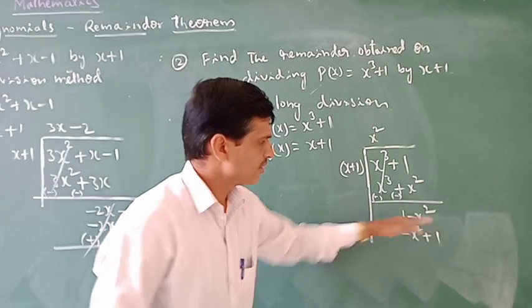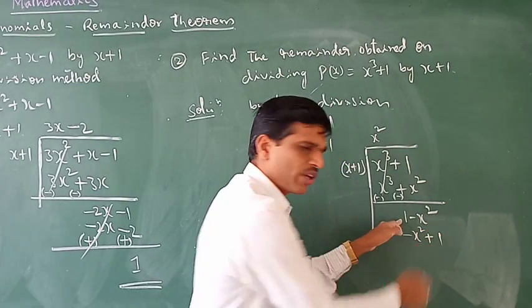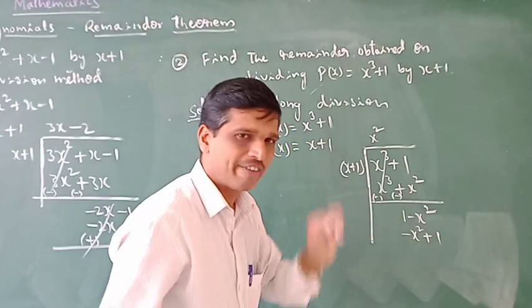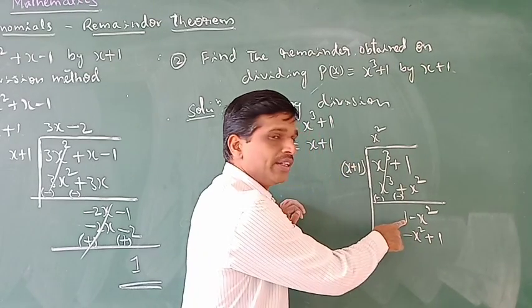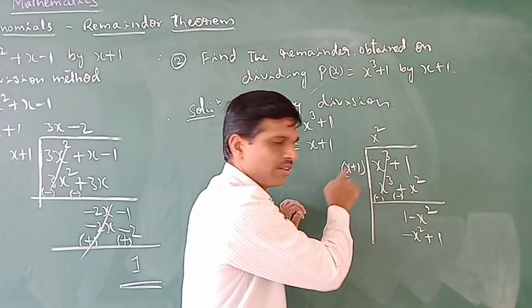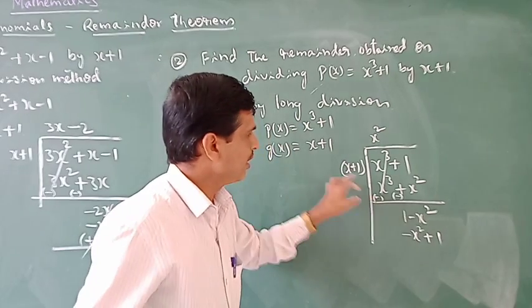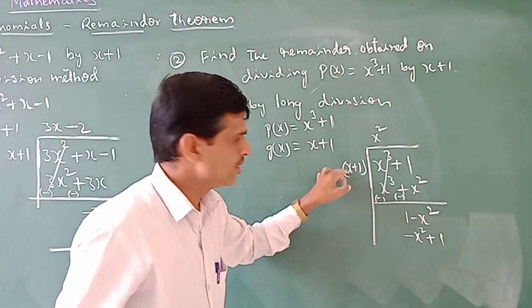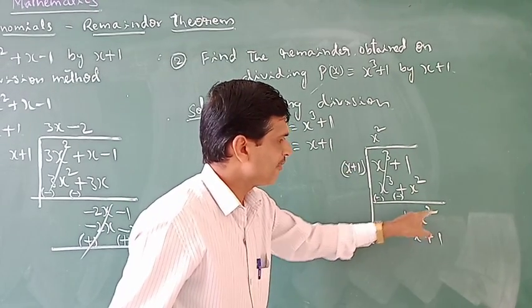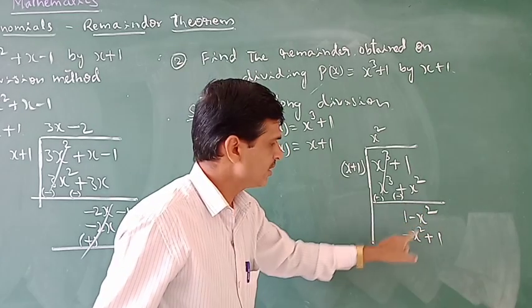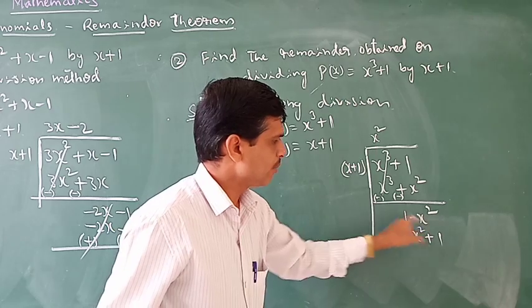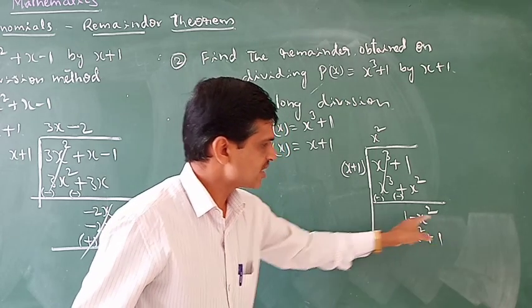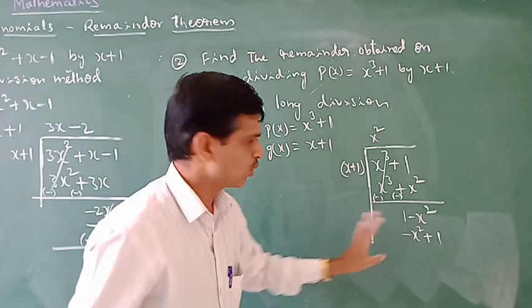The new remainder that came up is considered the new dividend for the next process. But here 1 is a constant, and it cannot easily be divided by this divisor; constant and variable should not match. To avoid that, take the terms in standard form of degrees: minus x square plus 1. I have written the same expression like this, so there is no disturbance.